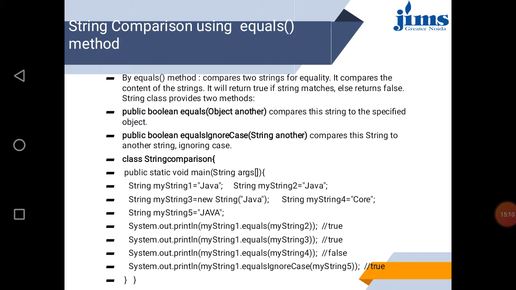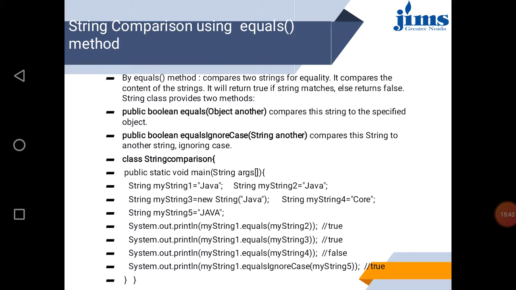See, in this program, there are several objects. My string 1 is referring to the Java object and my string 2 is referring to Java. My string 3 is created using the new keyword, my string 4 is showing core and my string 5 is showing capital Java.